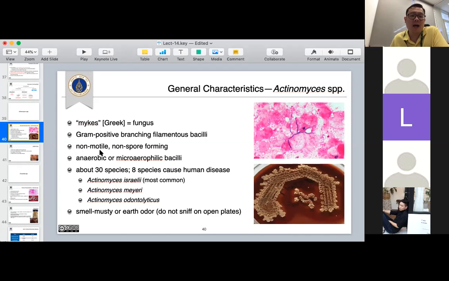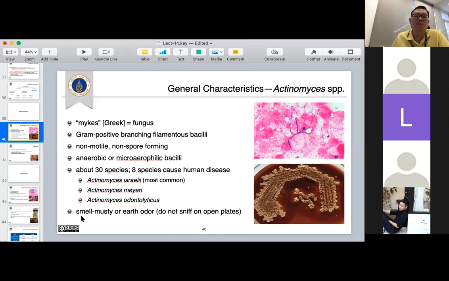They're non-motile, non-spore forming. This is serious. When you read textbooks, Actinomyces produce spores, but not endospores. Okay, the other type of spore, not endospore. Spore in this term, I mean endospore. Actinomyces is anaerobic. Okay, and this is a major characteristic of Actinomyces and Nocardia.